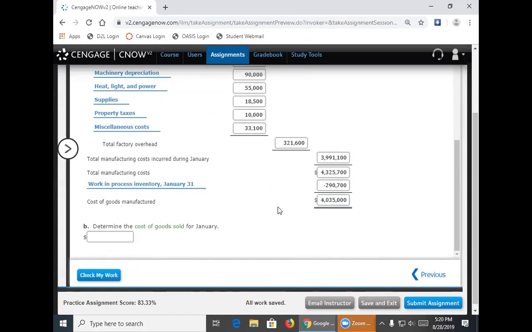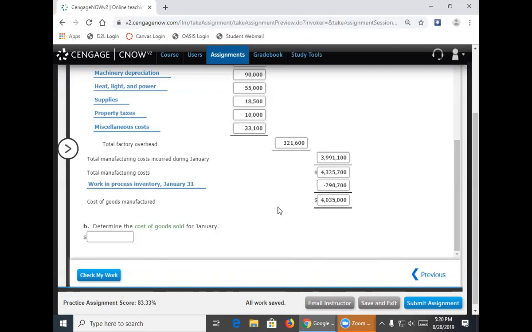So the last thing they want us to do is determine the cost of goods sold. Well, what I'm going to do there is set up my finished goods account and balance it. Okay. So my finished goods, I'll put it here. Step G for finished goods. It gave me the beginning balance of 675,000.